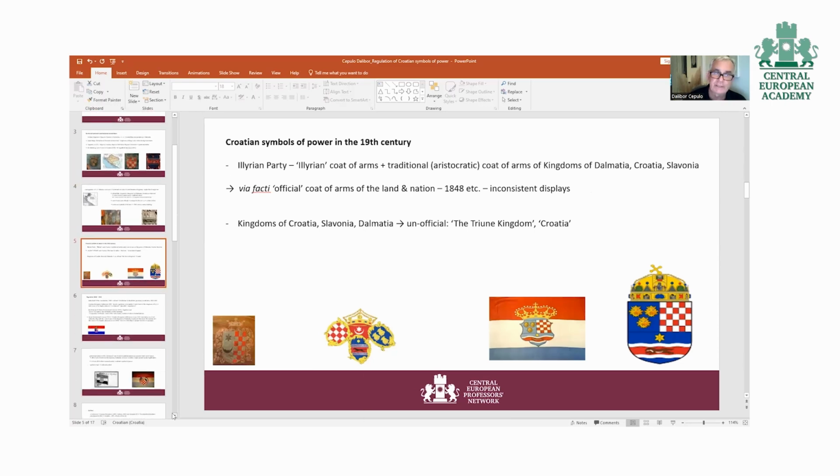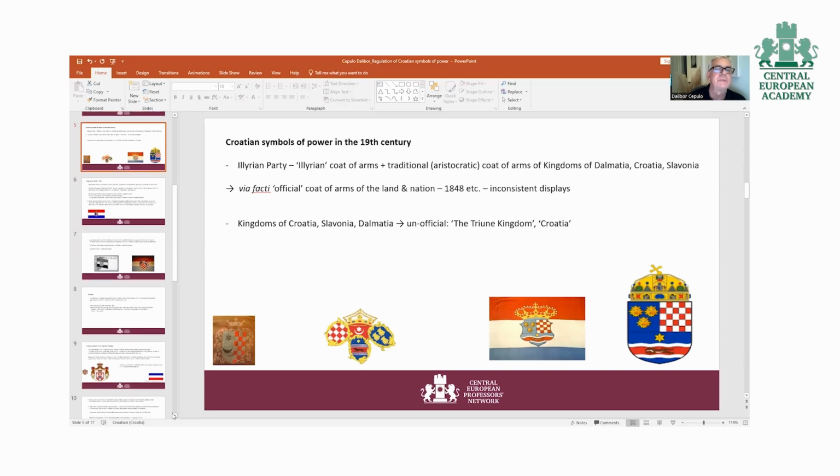this aristocratic symbol became the basis of the nation building, because the Illyrian party, which was a democratic party, had its own democratic symbol, the symbol of first unity of South Slavs, and then unity of these three lands, the Illyrian symbol, that is the young moon and the star.